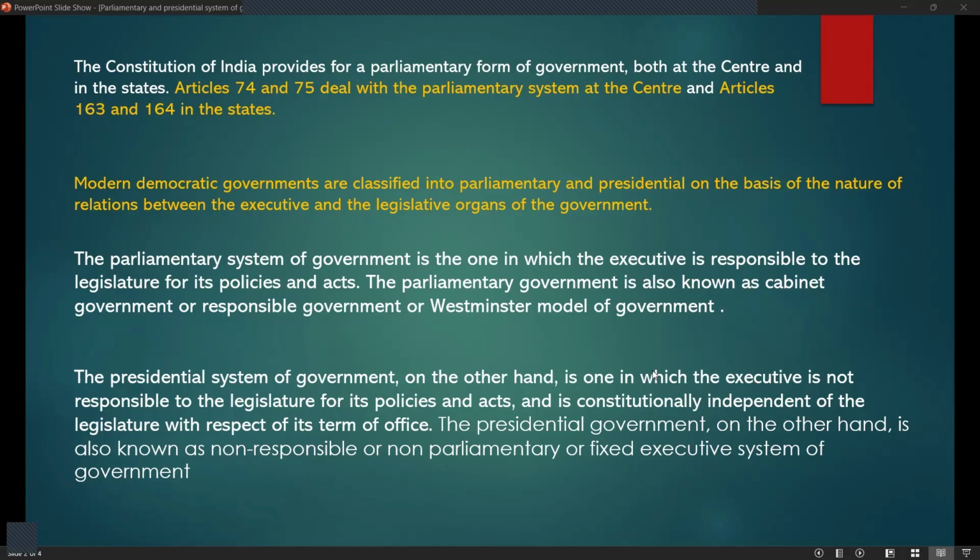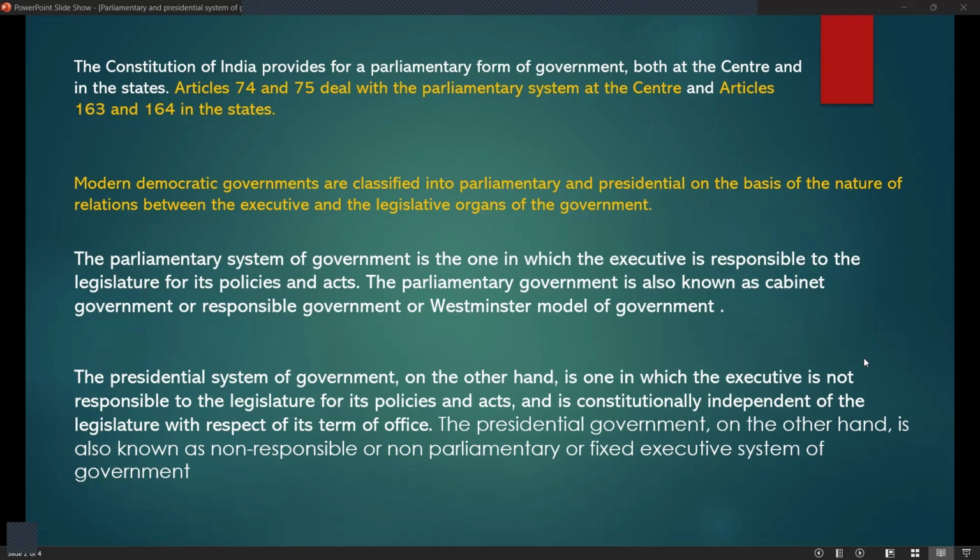We have seen that in our world, some countries follow the presidential system, some follow the parliamentary system. India follows a parliamentary system and the presidential system is followed by, for example, the US, where a president is elected as the executive. Who is the president right now?